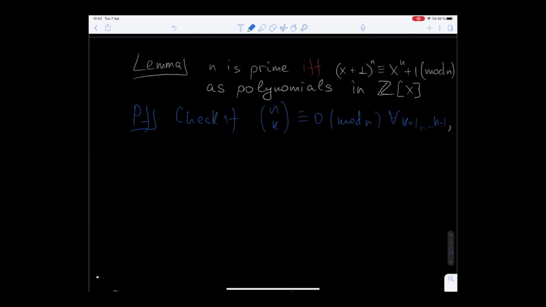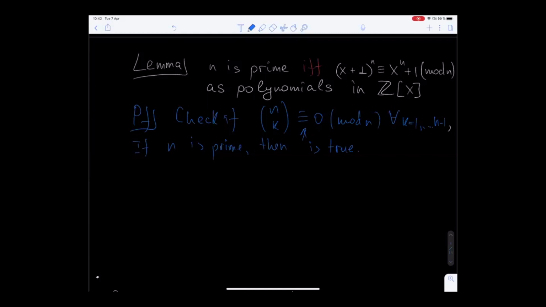Okay. So if n is prime, then obviously this is true, simply because every other number that we would get opening up this binomial coefficient, except for n, would be smaller, and thus relatively prime to n.